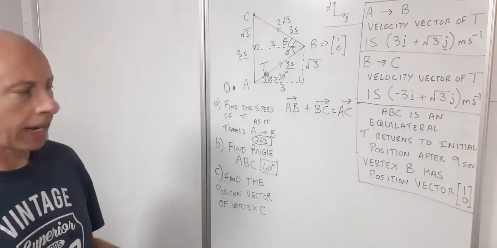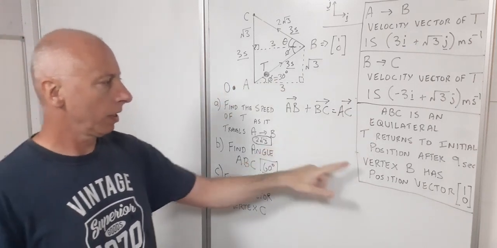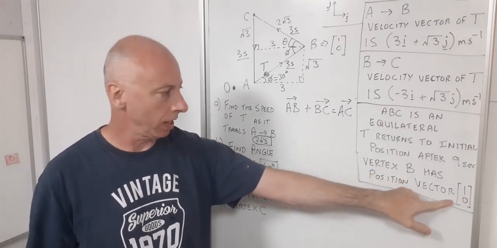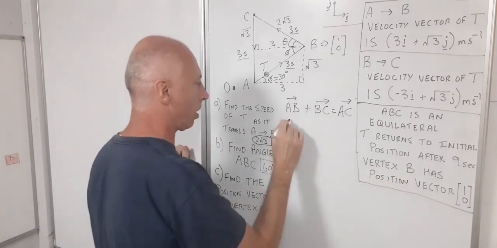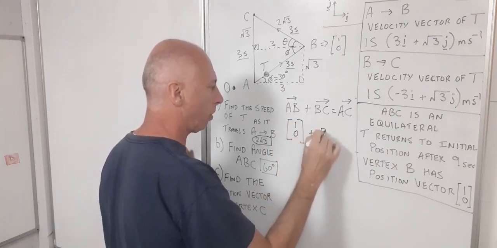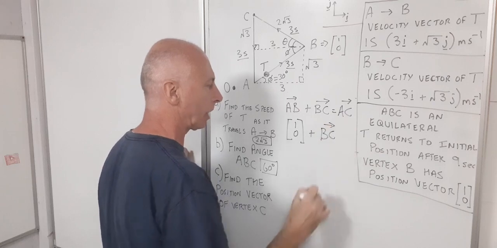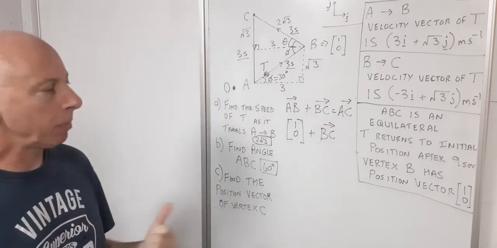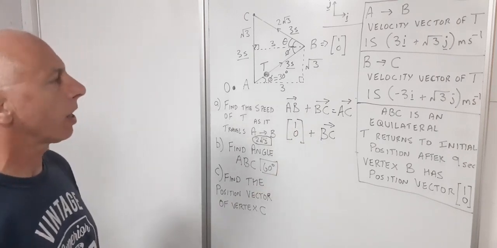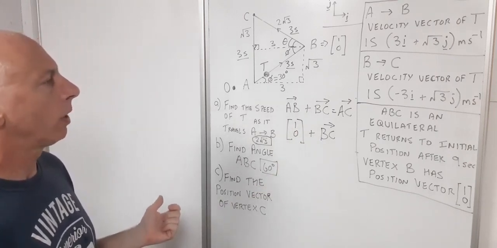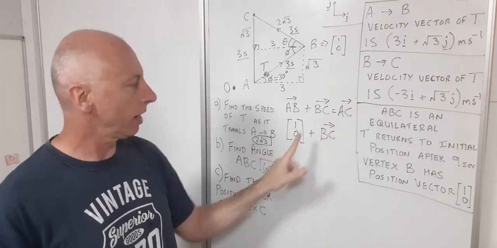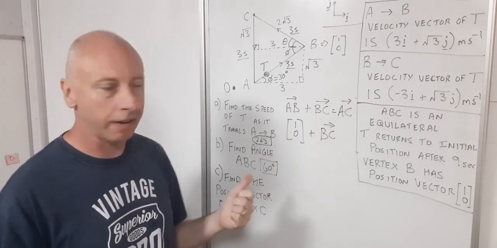Okay, now we already know that when it gets to the point B, the position vector is 1, 0. So basically we've got 1, 0 plus whatever we can calculate for BC. And then that position there will give us our position at C. So how are we going to do that? Well, if we write this as a vector in this format, we can then take care of that.